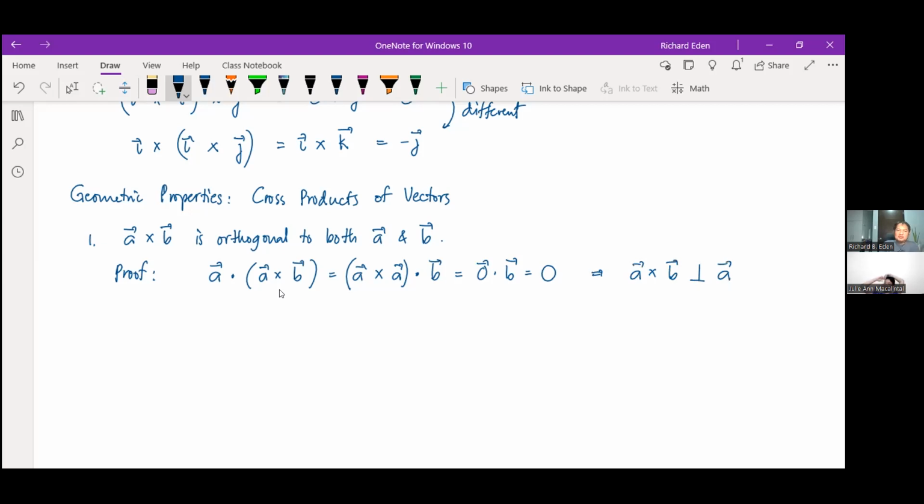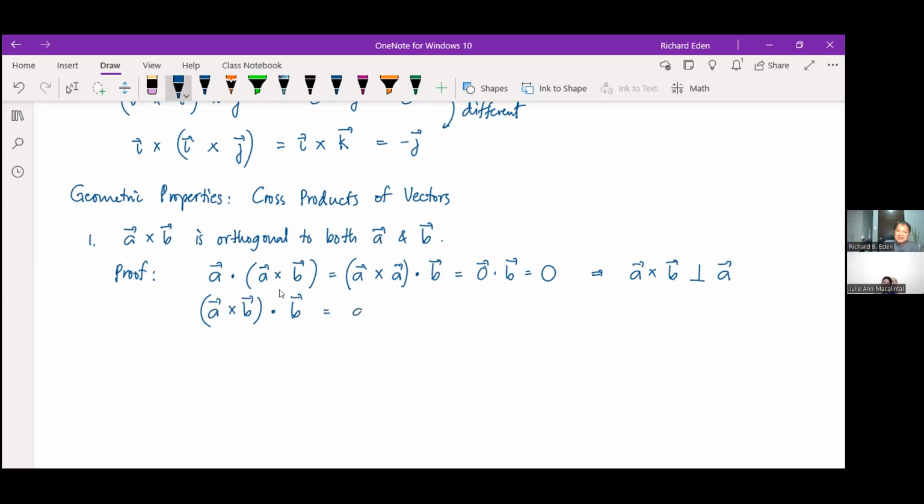And then what about B? Well, this time it's convenient to write down the dot product in the following manner, so that the B's are beside each other.